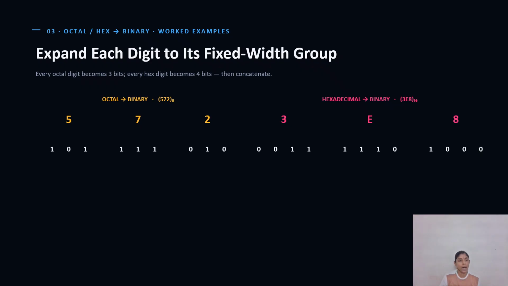Now check octal and hexadecimal to binary. Again, the trick is the same. If it is an octal, it is 3 bits. If it is a hexadecimal, it is 4 bits. Each digit in octal should be represented using the particular word length.